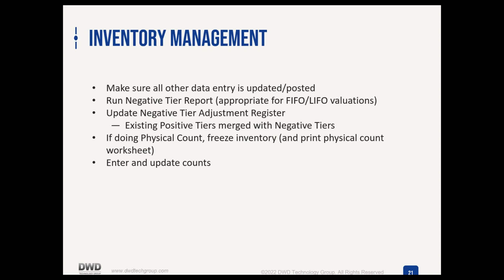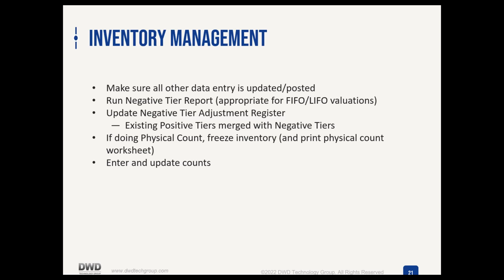For those of you using FIFO or LIFO valuations for your inventory, I strongly encourage you to run that negative tier report. Figure out which cost layers have gone negative.